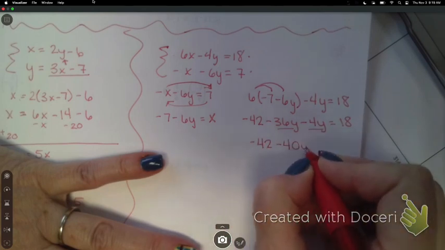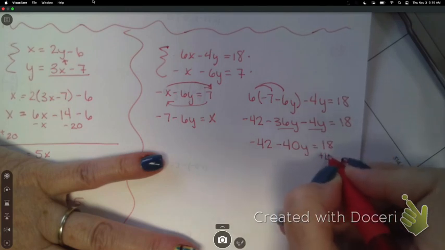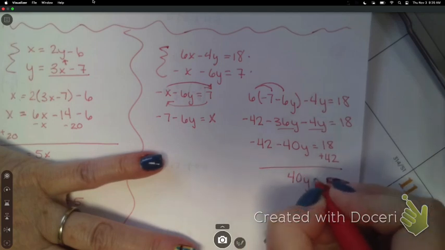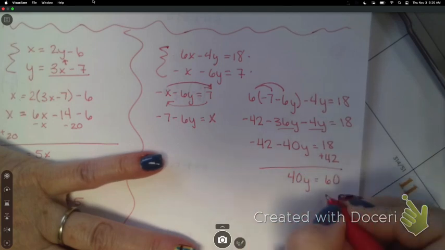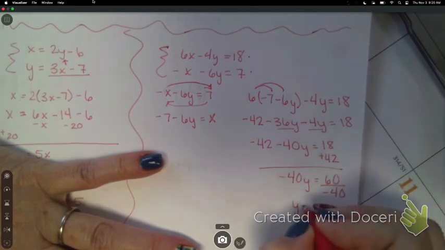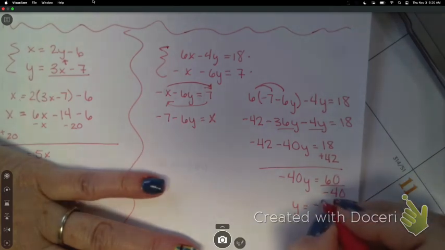You have to add the 42, so I add the 42 over. Then you get 60. So I have negative 40y equals 60. So divide by negative 40. And I get y equals negative 3 over 2.